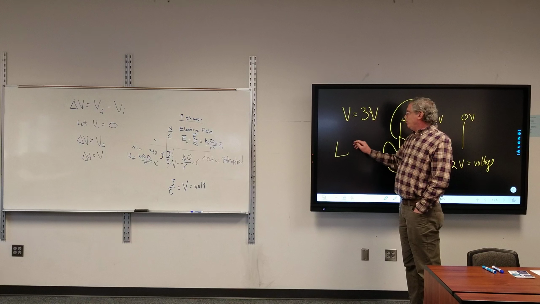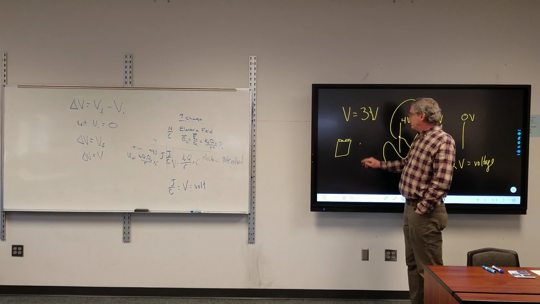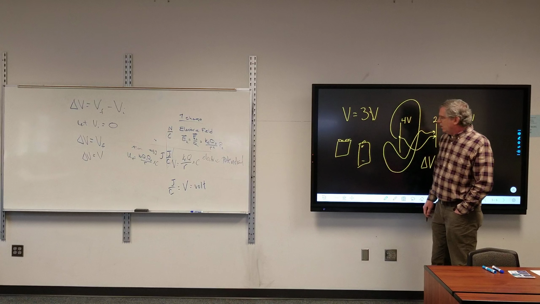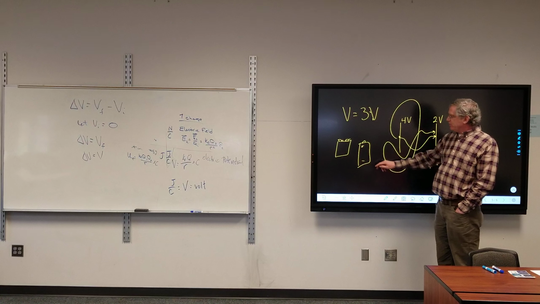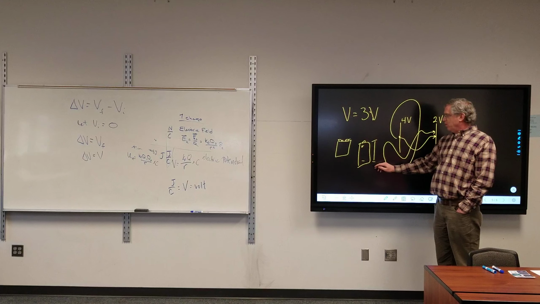So if I have a 12-volt battery, with a positive and negative side, a 12-volt battery tells me the potential difference from here to here is 12 volts. So this bottom one could be 0 volts, and that could be 12 volts.